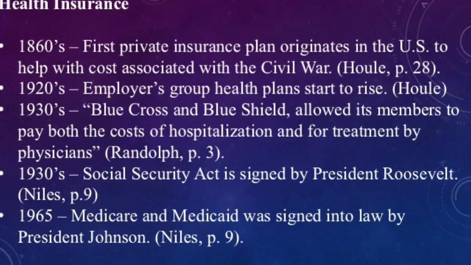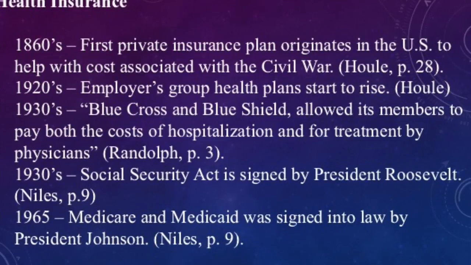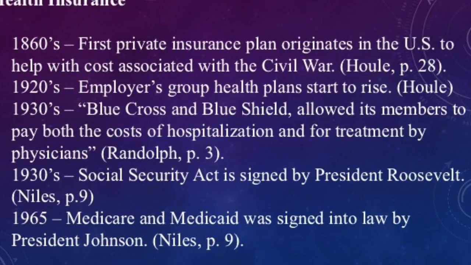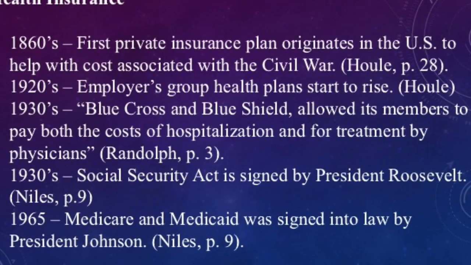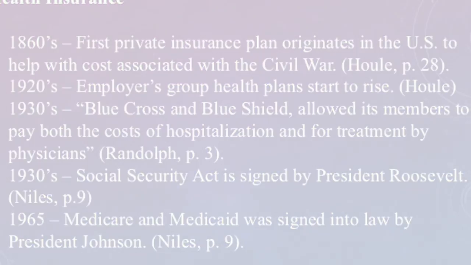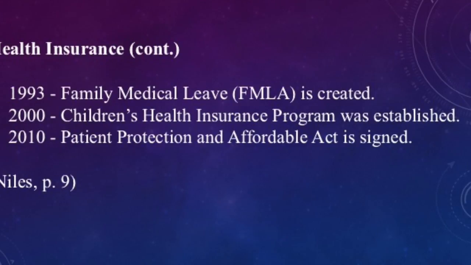Then the 1930s brings us again the Social Security Act, which is signed by President Roosevelt. And in 1965, Medicare and Medicaid was signed into law by President Johnson, all leading to some major changes. More legislation continues to be passed into law.